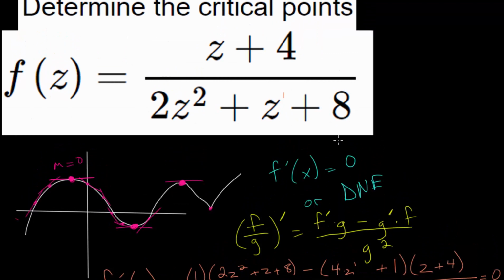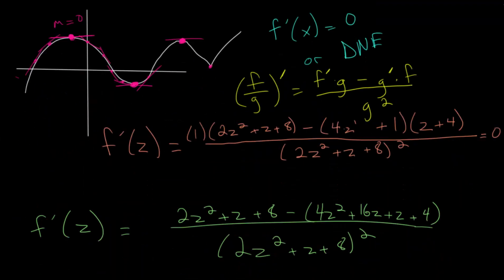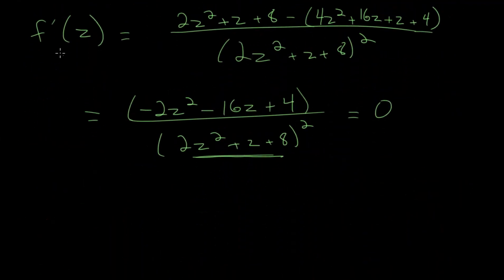And if the original function doesn't exist at specific values, then it can't have critical points there. So the values that the function doesn't exist at would be the same values that this derivative doesn't exist at. So we don't need to actually look for those because those cannot be critical points because, like I said, the original function is also not going to be defined there.